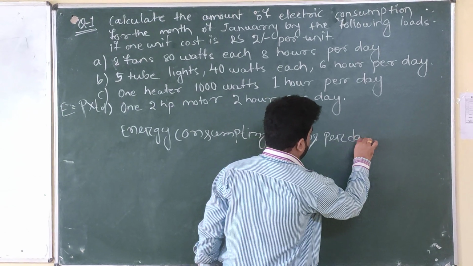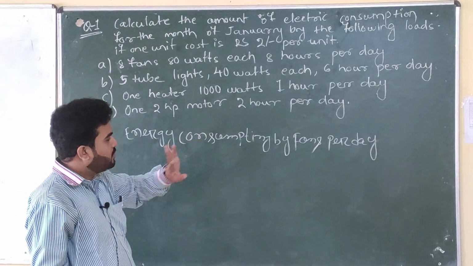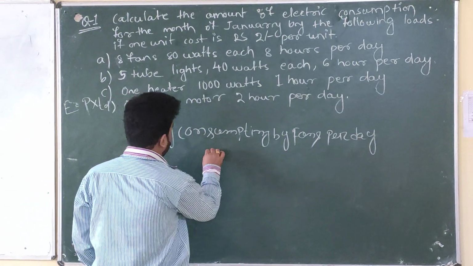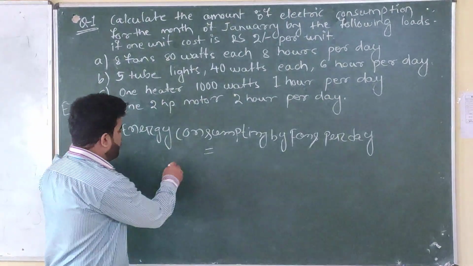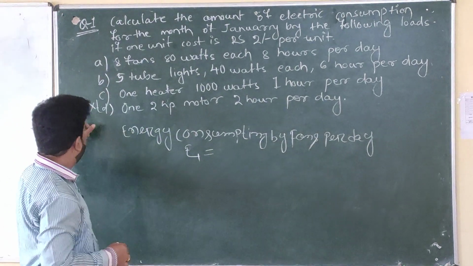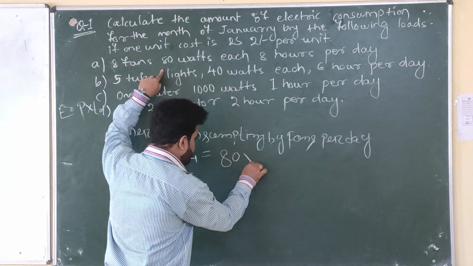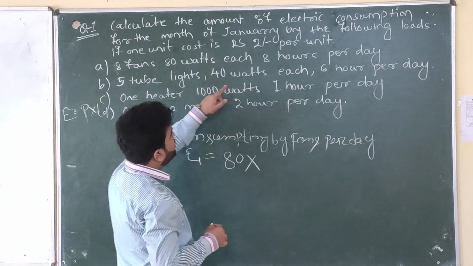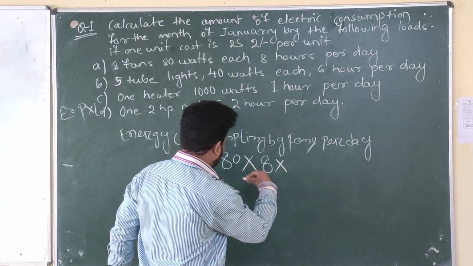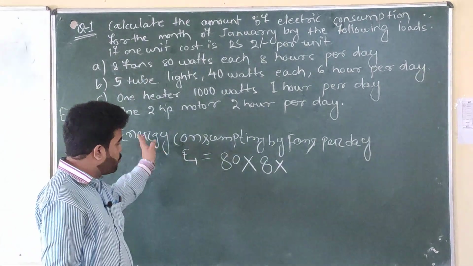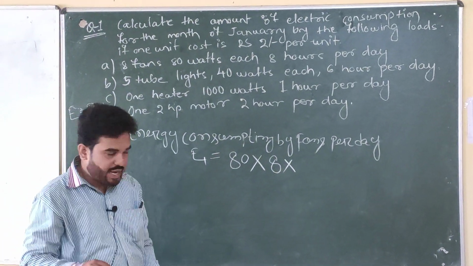We have the formula E is equal to P into T. For E1, you just write P into T. Power is 80, so you write 80 into T, which is 8 hours, into 8 fans. If it is 1 fan then 80 into 8 is correct, but in the question there are 8 fans, so you will multiply by 8.